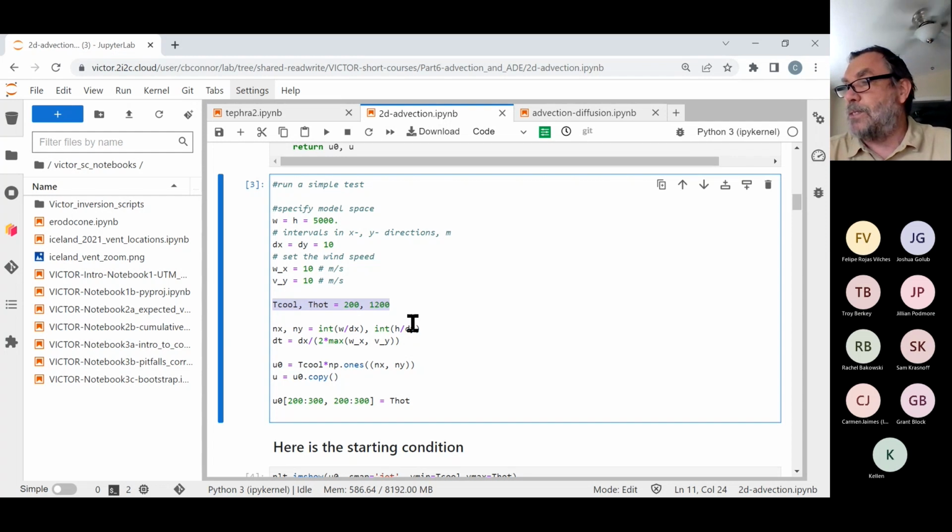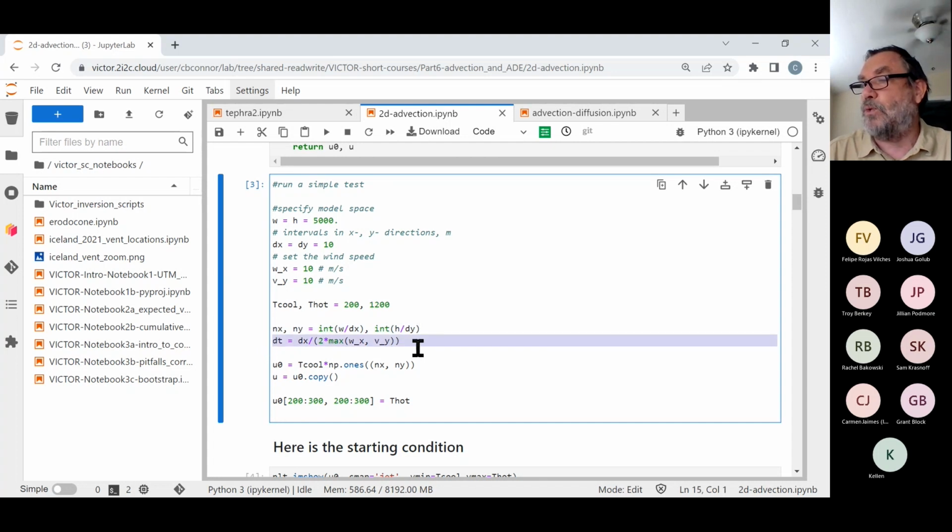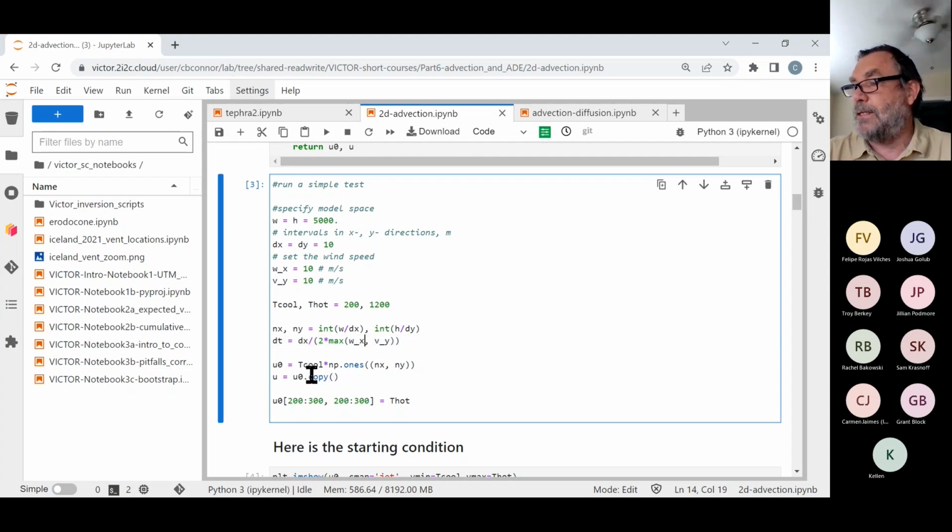And then I just basically do some bookkeeping. I say, well, how many grid points do I have in the X and Y direction? That's what's solved in this line. And I apply that to get a handle on my maximum possible time step, which kind of works okay here to calculate dt.